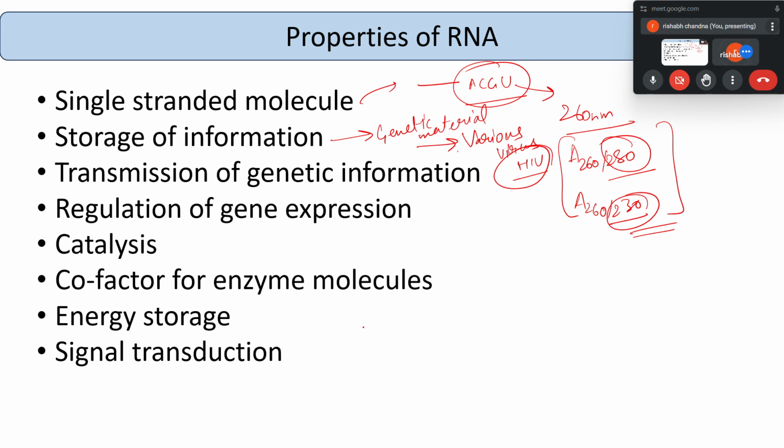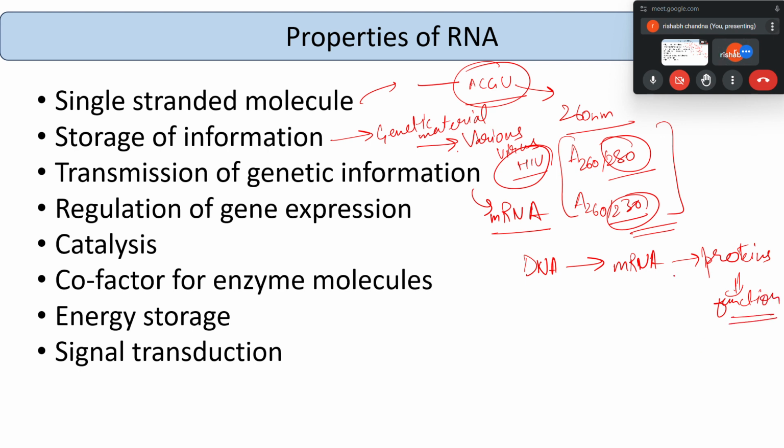Then it's for transmission of genetic information in the form of mRNA. As per the central dogma, DNA transfers its information to mRNA, and mRNA transfers its information to proteins that perform the function or the phenotypic response. So it's a good molecule for transmission because it's highly reactive.